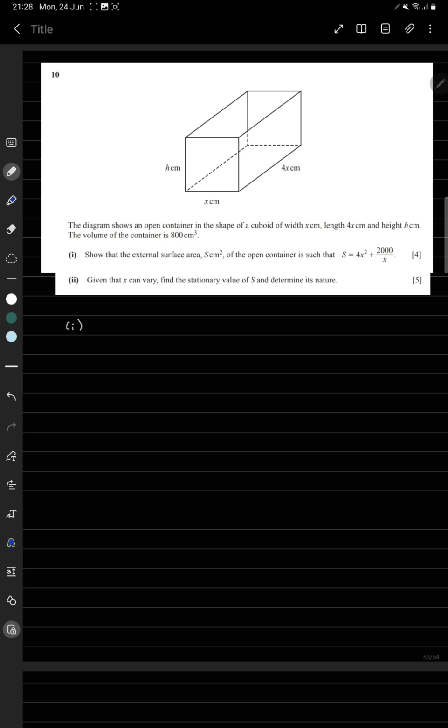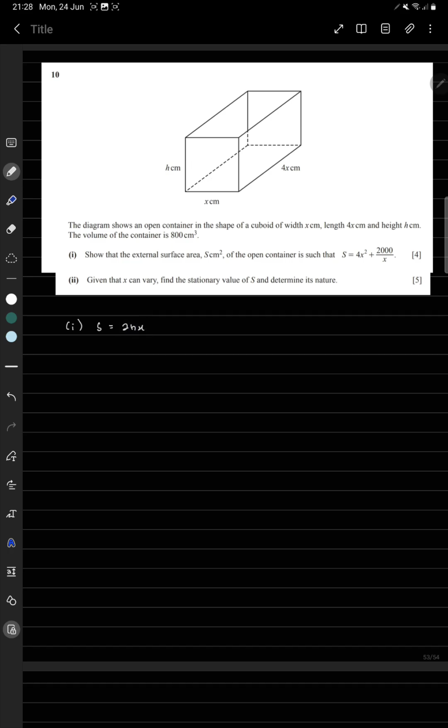Okay, first things first, we need to find the external surface area first. And since the question says open container, there will not be any surface area on top of the box. So S is going to be equal to 2hx, right?